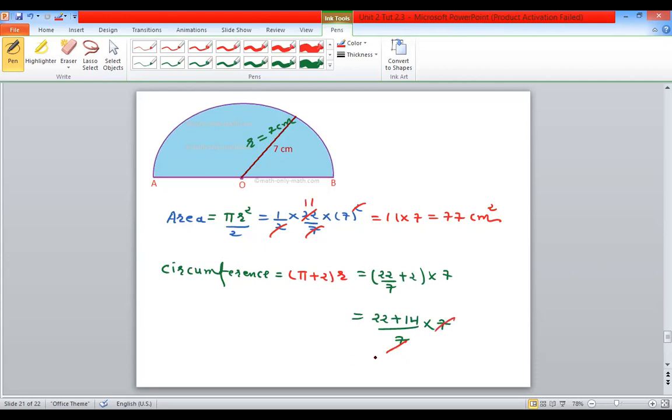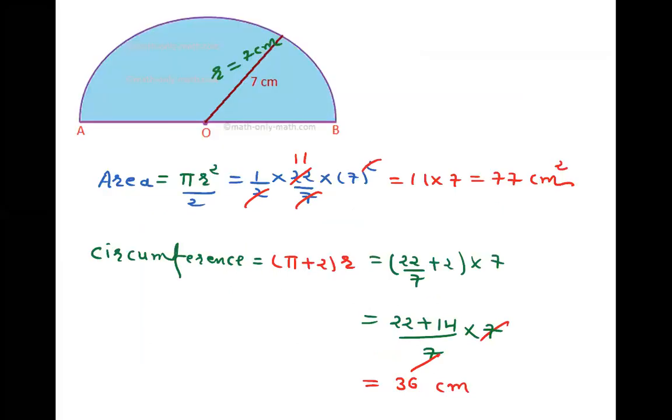So this is your answer. 36 meter. So this is the circumference and the area when you have a figure. So by the figure and by the word, you remember it.